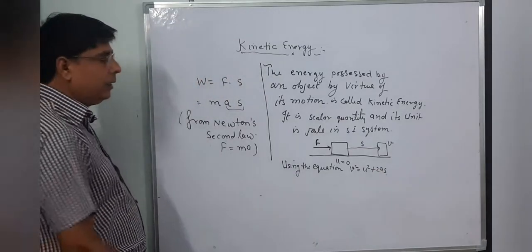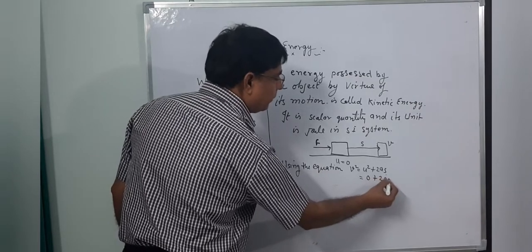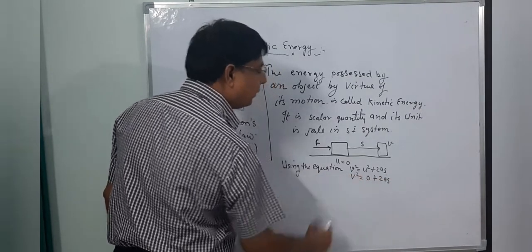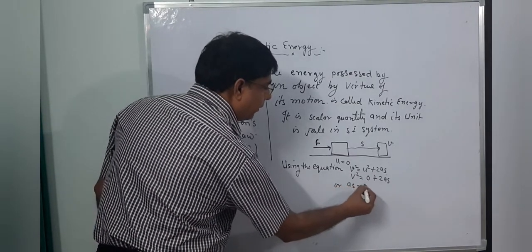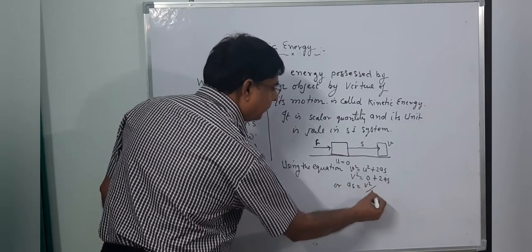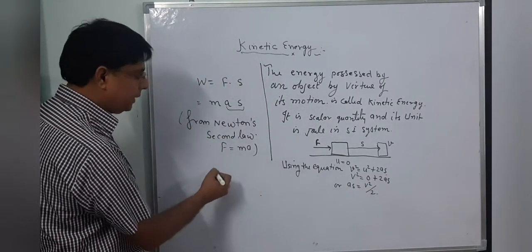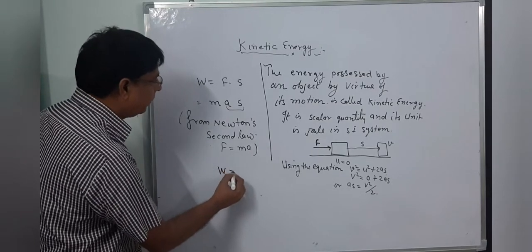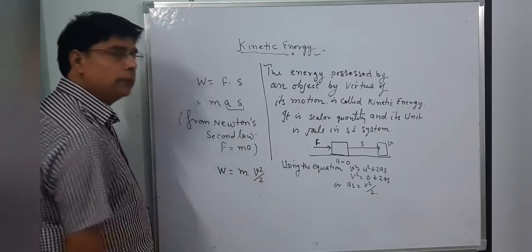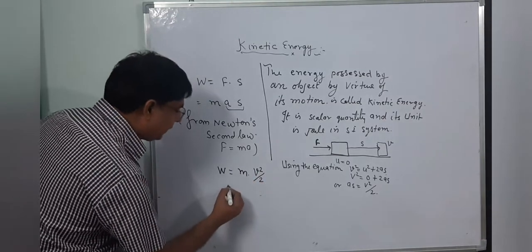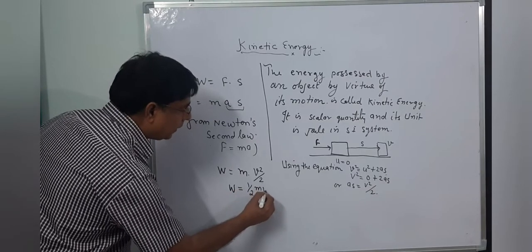As we have considered its initial velocity is 0, it will be v square equal to 2as, or as will be equal to v square divided by 2. Now we put this value here and see what happens. W equal to m into v square divided by 2. Therefore, work equal to half m v square.